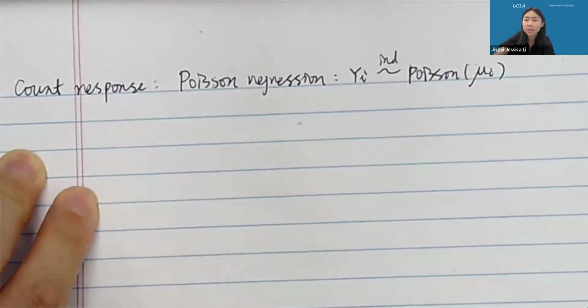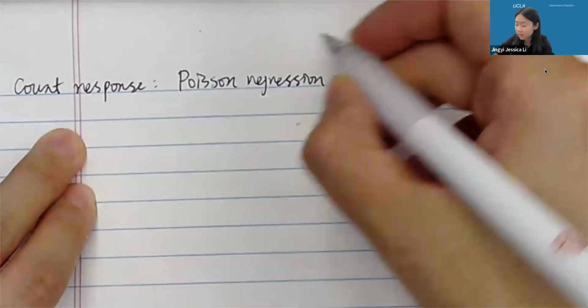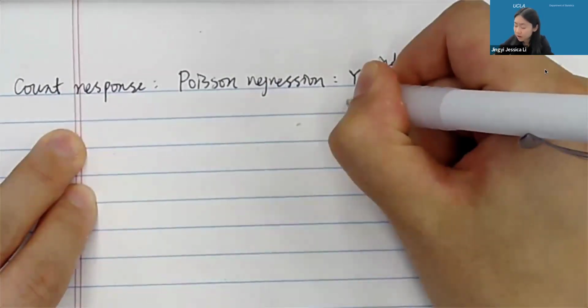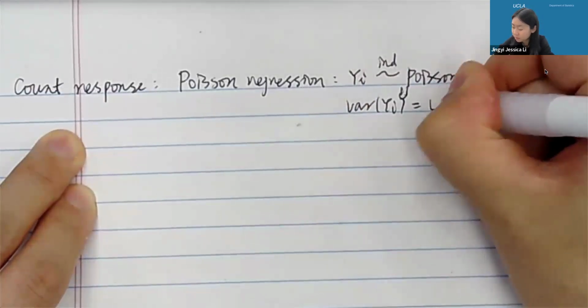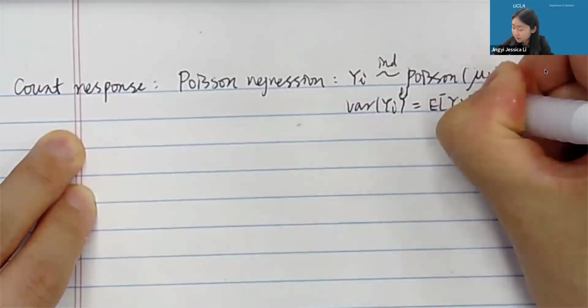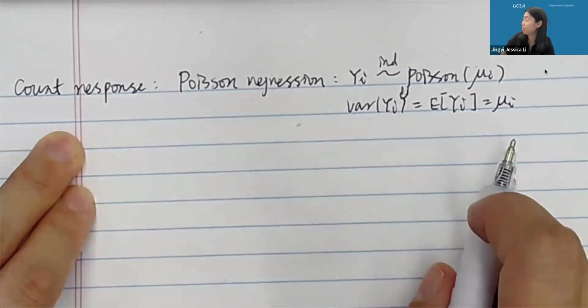And what does this imply? Poisson regression implies that the variance of yi must be equal to the mean of yi, equal to mu i. But this is a quite strong requirement.